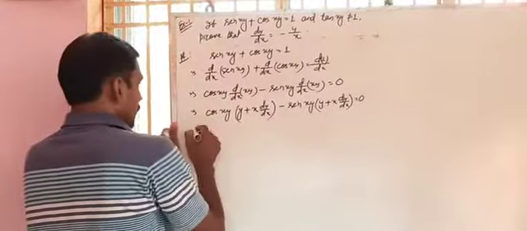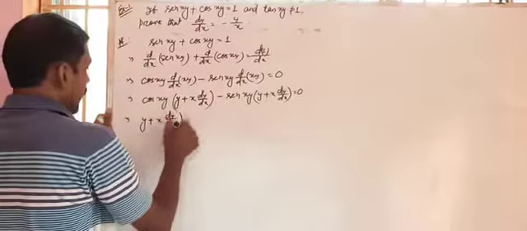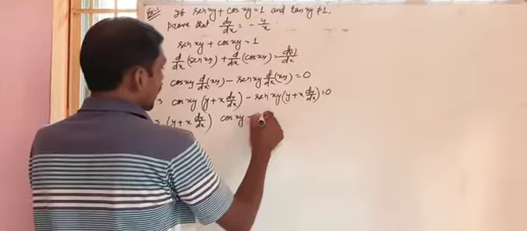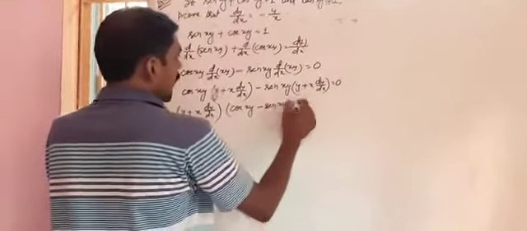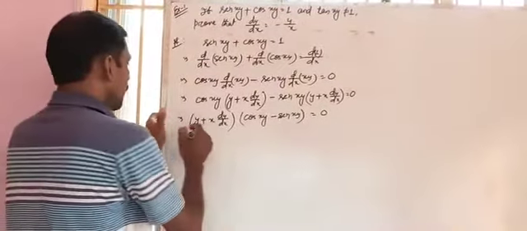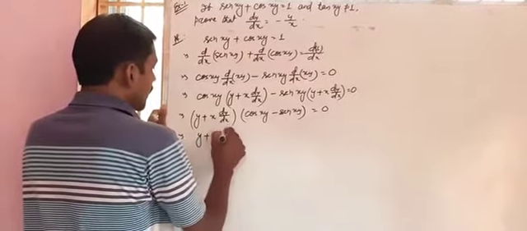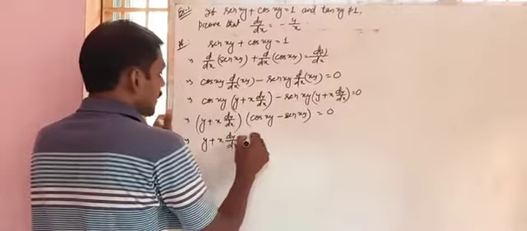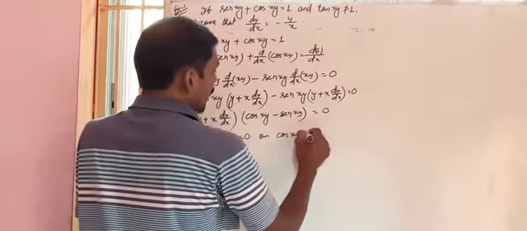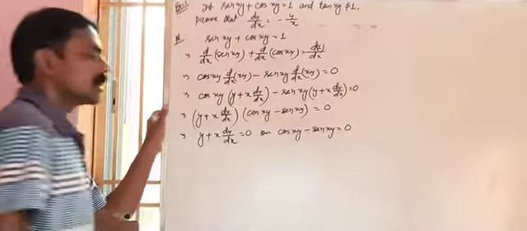This is common, so taking y plus x dy by dx common, it is (y plus x dy by dx) times (cos xy minus sin xy) equals 0. So this implies either y plus x dy by dx equals 0 or cos xy minus sin xy equals 0.